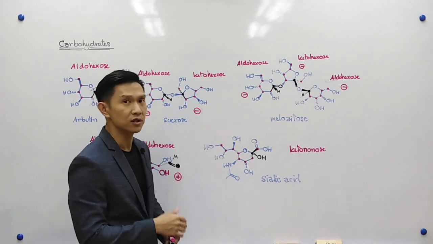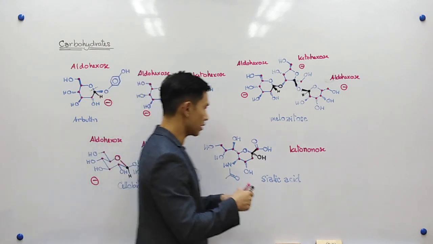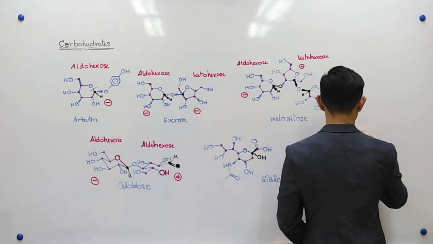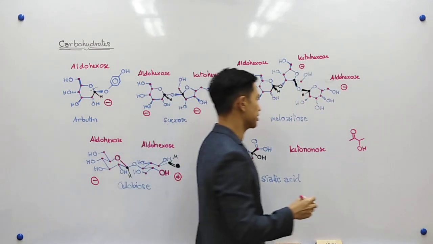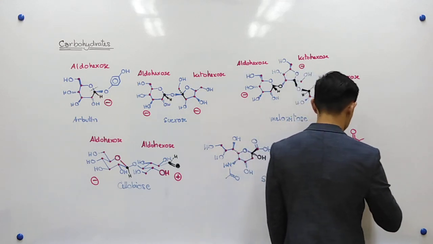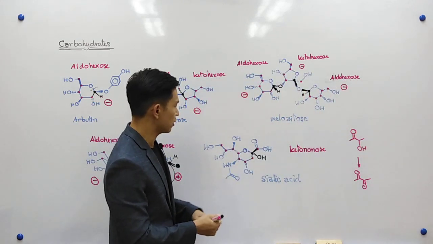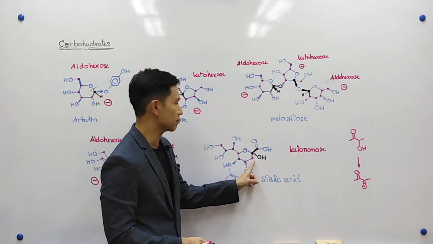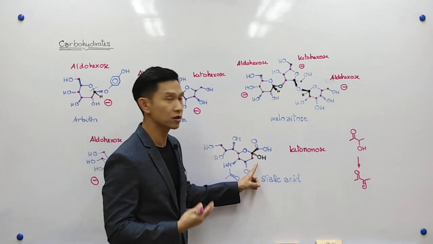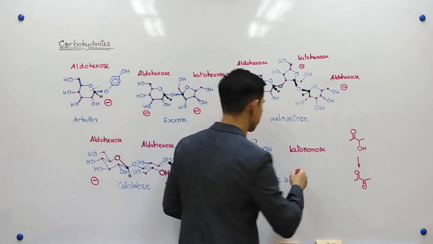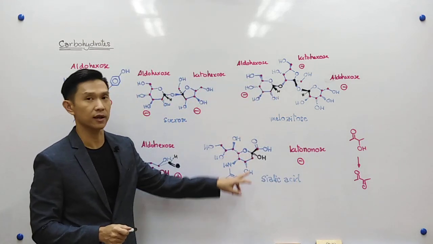Normally the original ketone over here should undergo oxidation by the Benedict test. But if you go back and look at the reaction of the ketone, the Benedict test can oxidize the alpha hydroxy group of the ketone to a diketone like this. But as you can see, if you go back to the ketone, this carbon has no OH, so there is nothing to be oxidized. So this sialic acid is still negative to the Benedict test, even though the ring can open out.